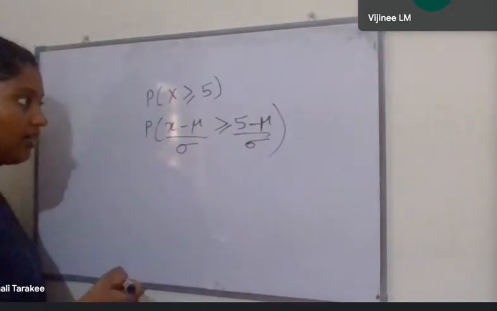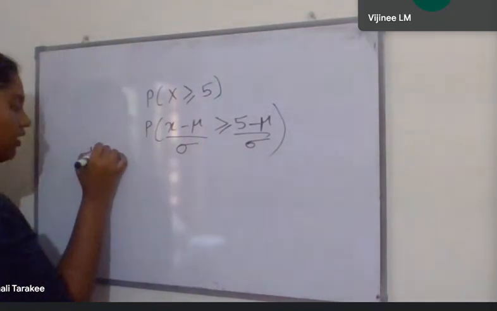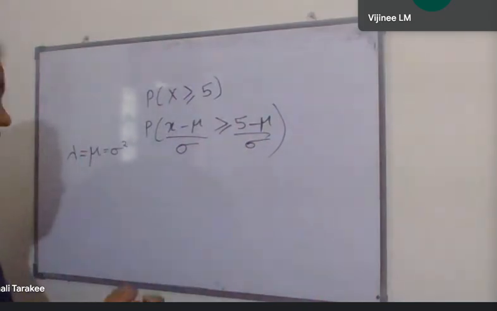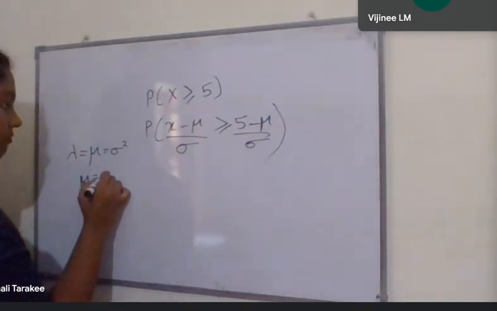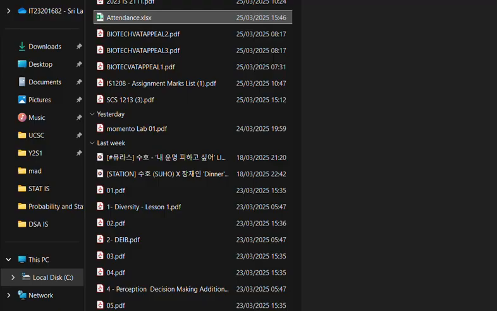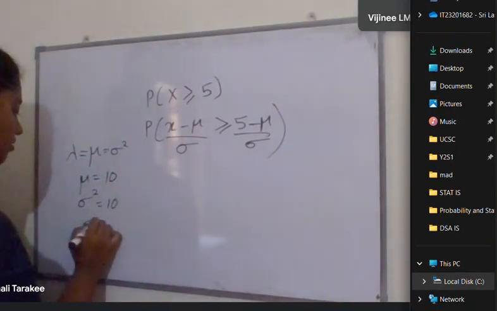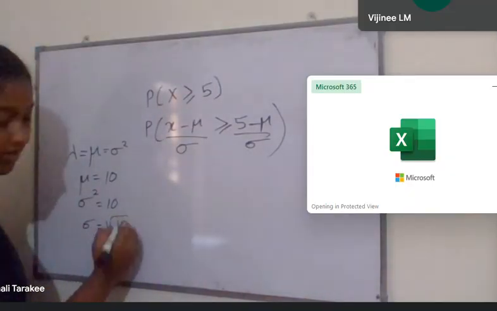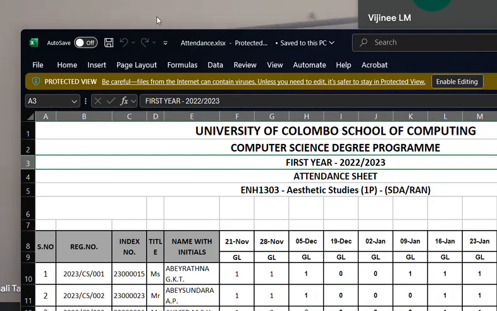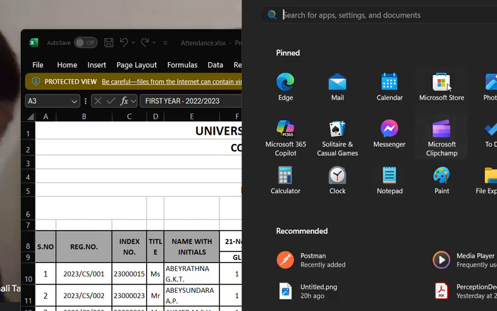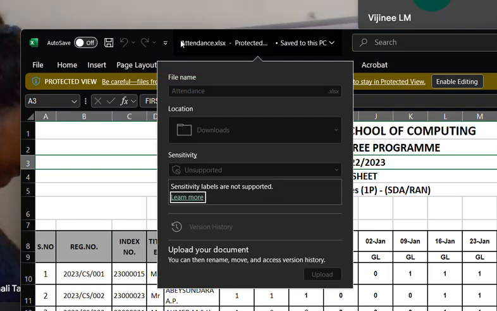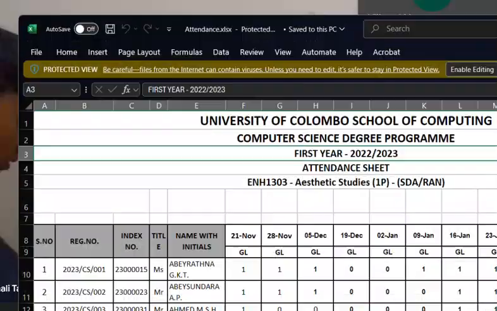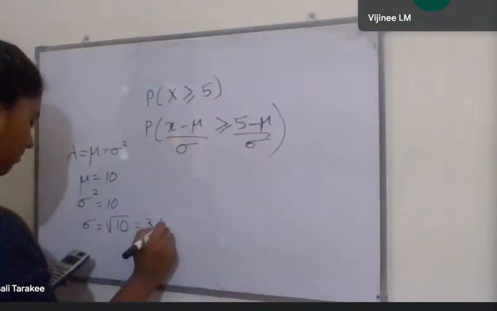So in Poisson, mean and variance are equal to lambda. Okay, so mu is 10, variance is 10. So here standard deviation is square root of 10, which is 3.162.